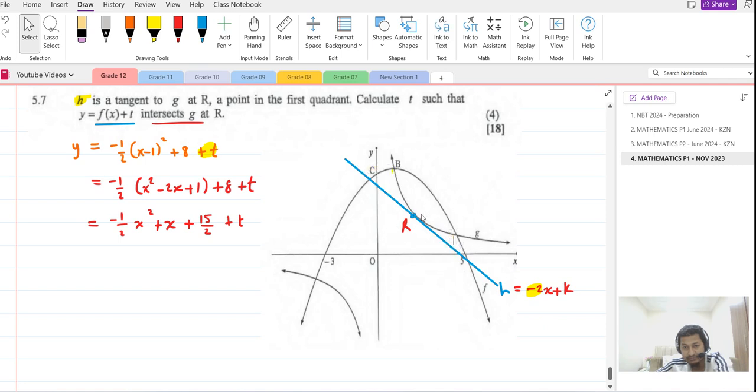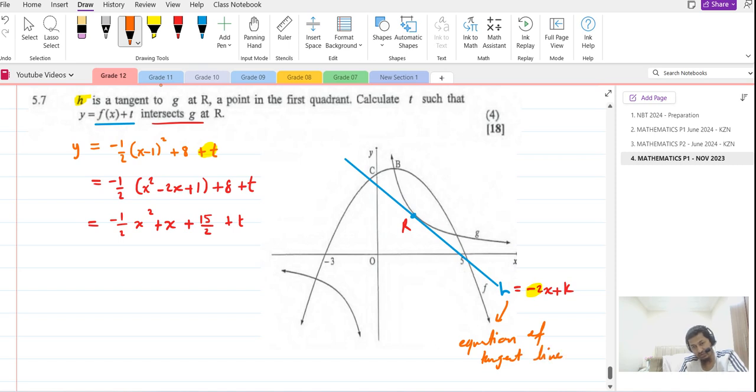Now we need to apply some calculus here, because what we did here is fine. We need to say that h is a tangent to g at r. So if it's a tangent to g at r, how do you get this point? Because we already got the equation of the tangent line. That's the thing. The equation of the tangent line is already given.